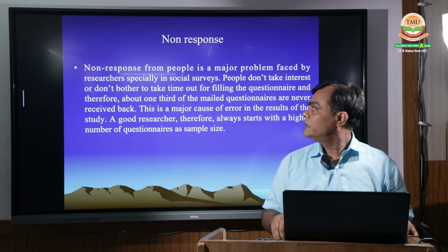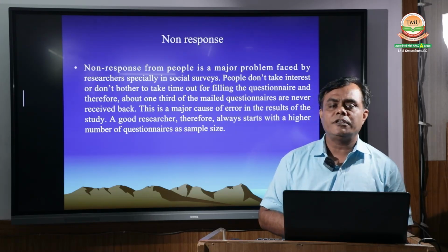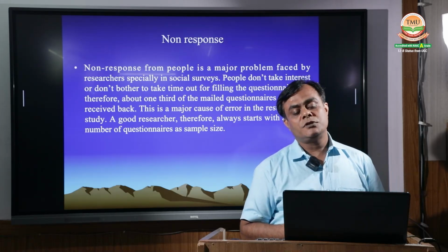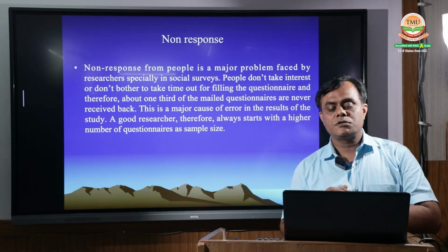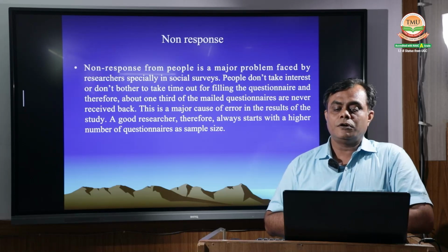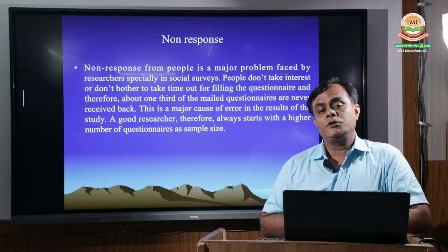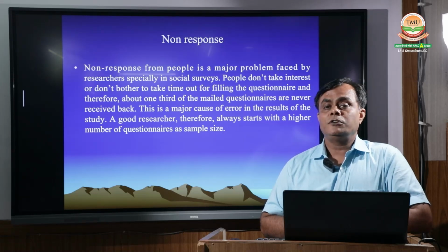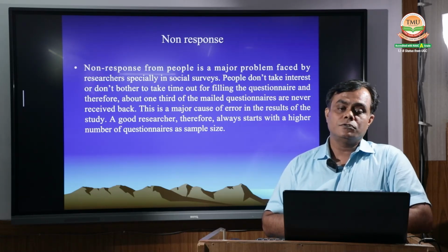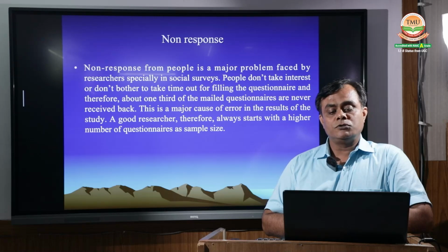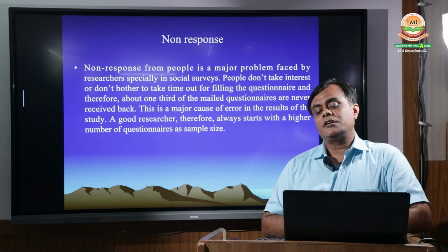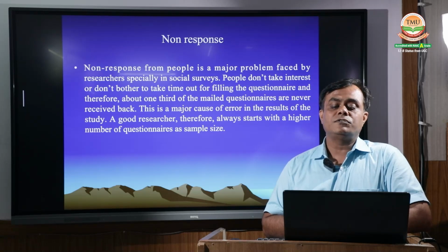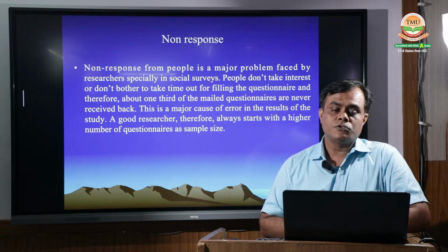Non-response. The next type of error is related to non-response, meaning the respondent is not responding to particular questions, or the particular survey or questionnaire. Sometimes the respondent does not respond to the whole questionnaire or survey, or sometimes does not respond to a few questions in the survey. The error coming from non-response is called non-response error, and that is a major problem faced by the researcher, especially in social surveys.